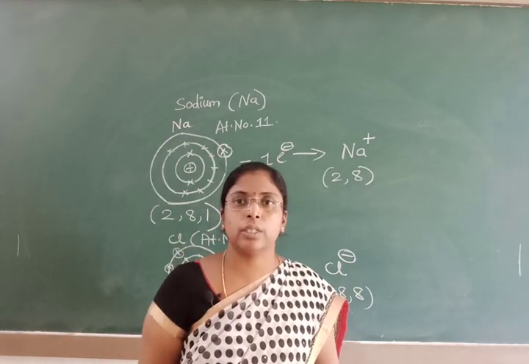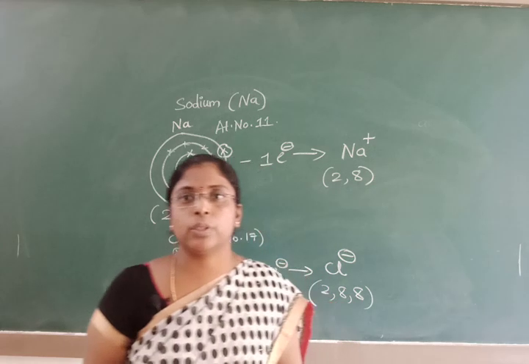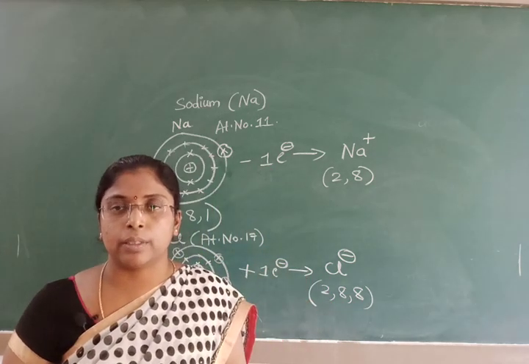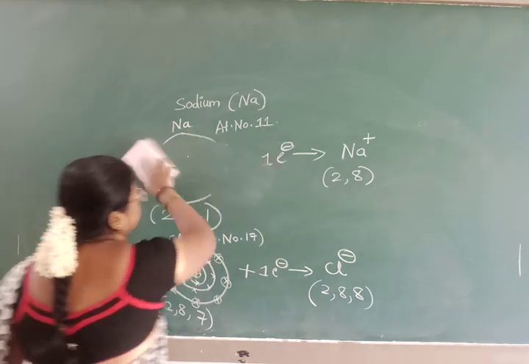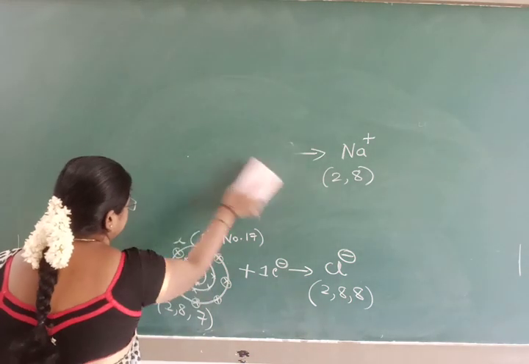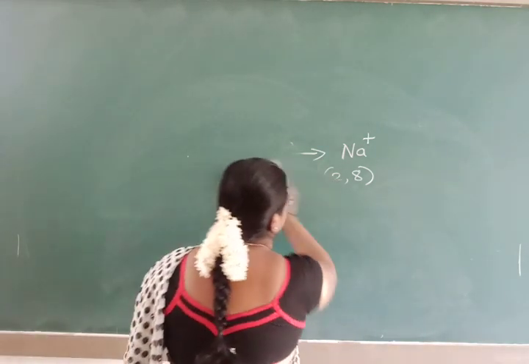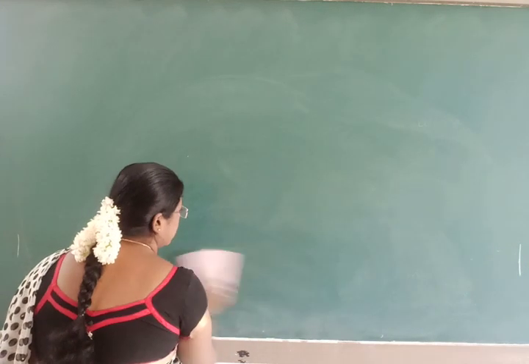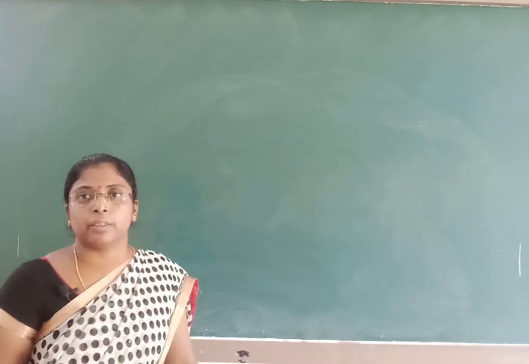This charge is known as the valency. Here it may be a positive valency or a negative valency. Let us see some of the valencies. After this we can write some of the radicals.